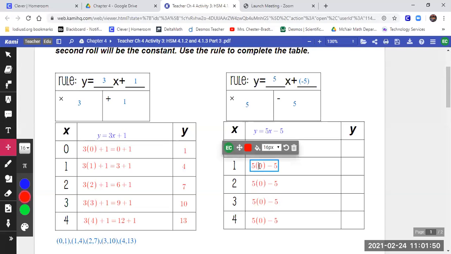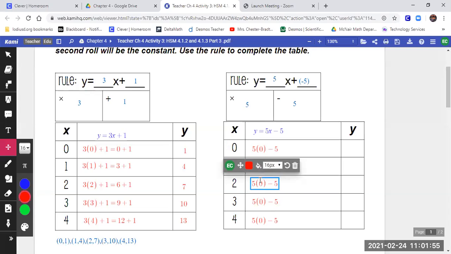So I'm going to go change up those. This is going to change to 1 because I see that next to my number, there's a 1.